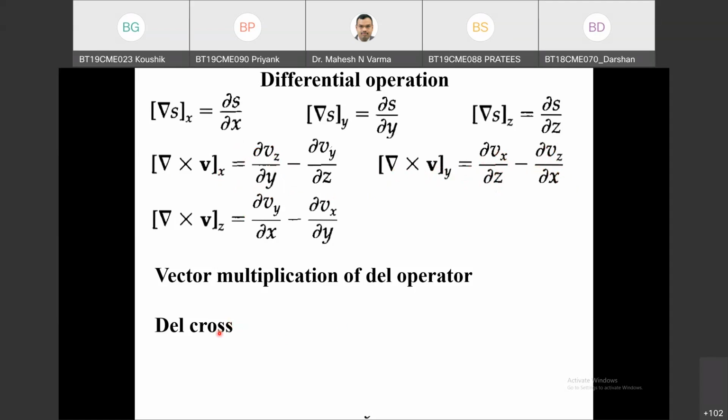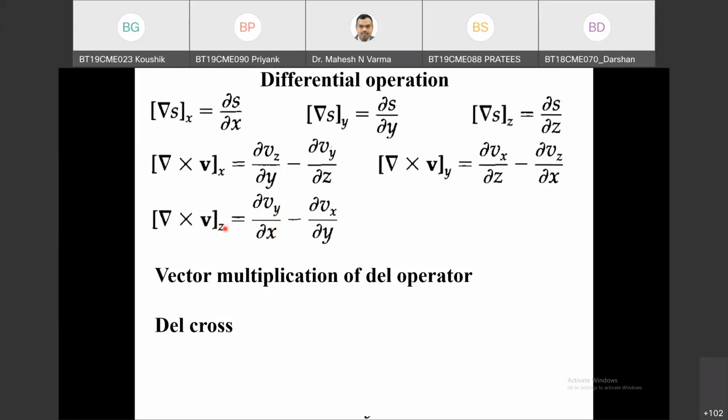This is called the vector cross multiplication of the del operator, del cross v vector. So this is del cross v with respect to z, again the same cycle x, y, z. After z there will be x, y.